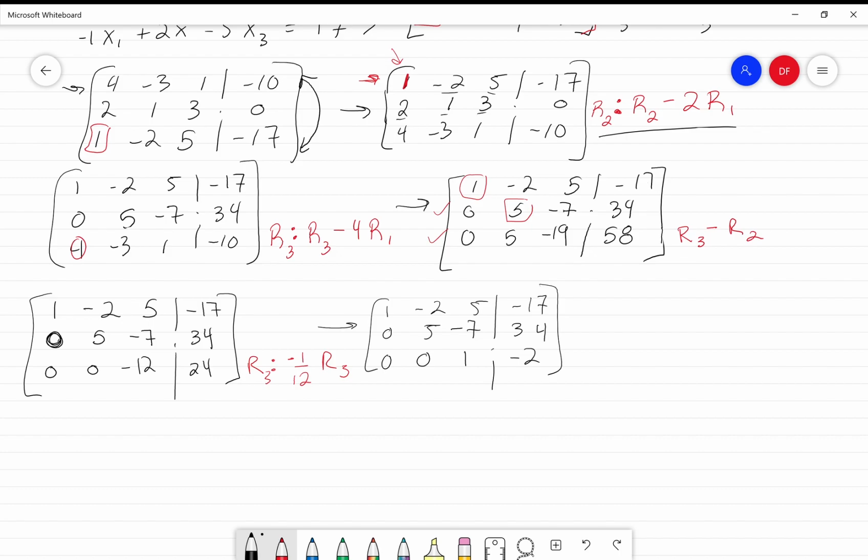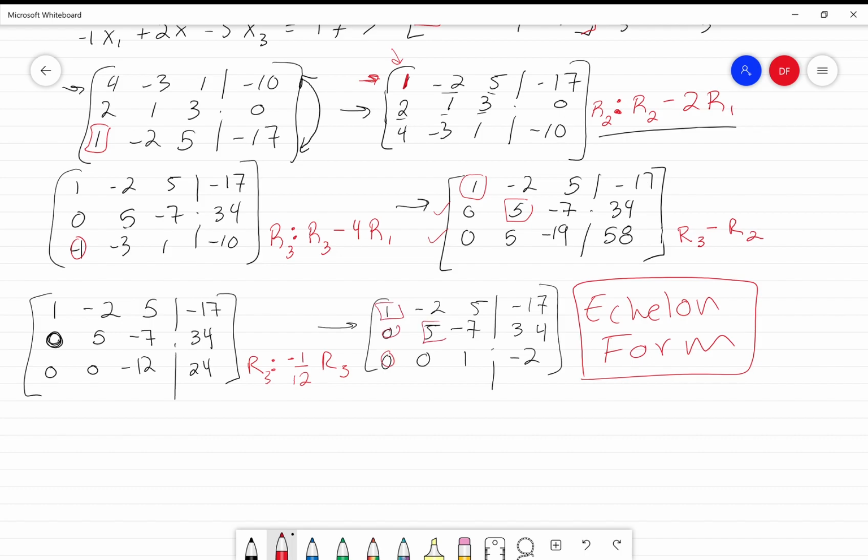So now, this is echelon form. Okay? Because I have a leading entry, 0, 0. Leading entry is to the right, below it, 0. Leading entry is to the right.